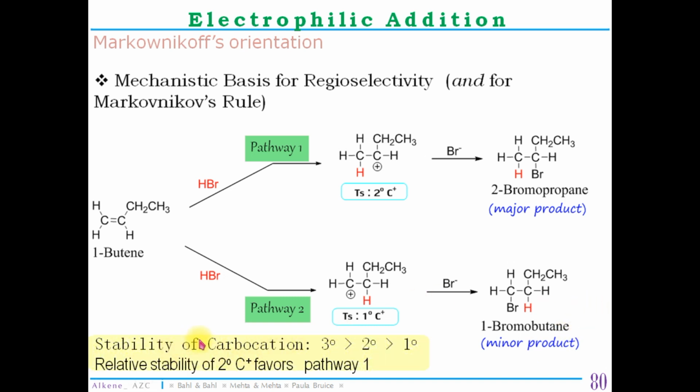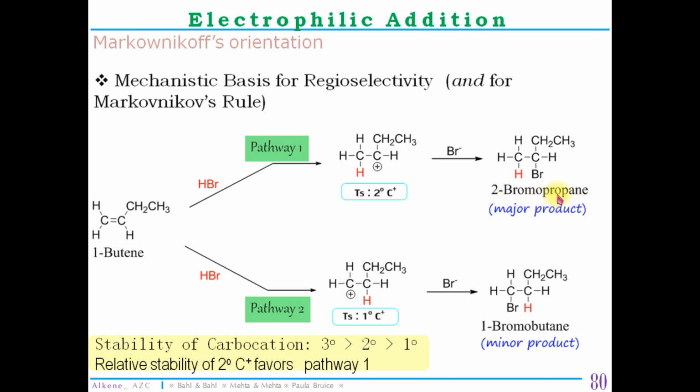We know the stability of carbocations: tertiary carbocation is more stable than secondary, and secondary carbocation is more stable than primary. So because of the relative stability, the secondary carbocation favors pathway 1, so there is more formation of secondary carbocation and likewise more formation of this 2-bromopropane.